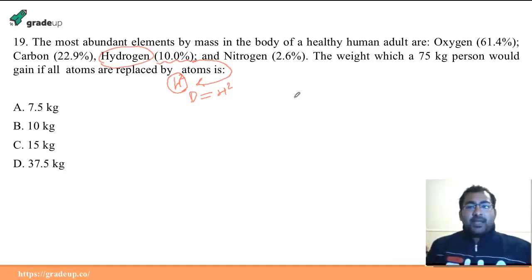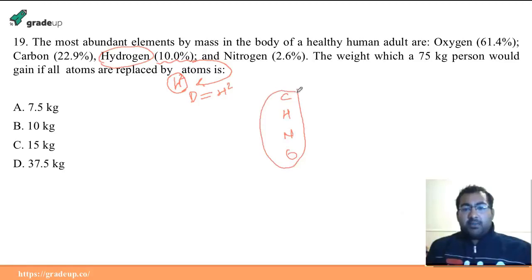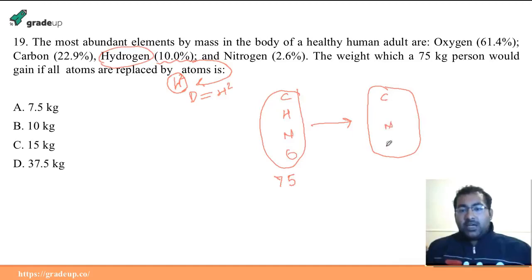So when all the carbon, hydrogen, nitrogen and oxygen were present inside the body, he was weighing some 75 kg. Now I'm keeping the carbon, nitrogen and oxygen fixed, and replacing the hydrogen with deuterium.